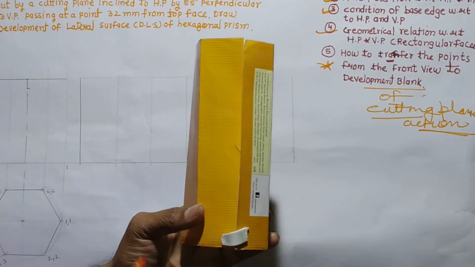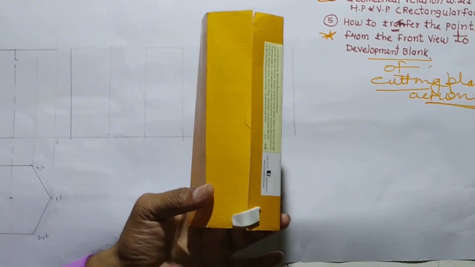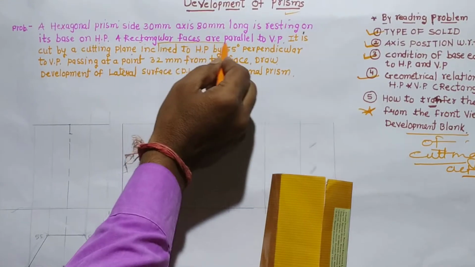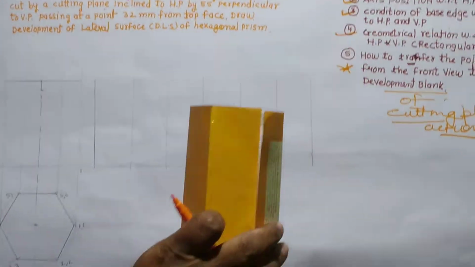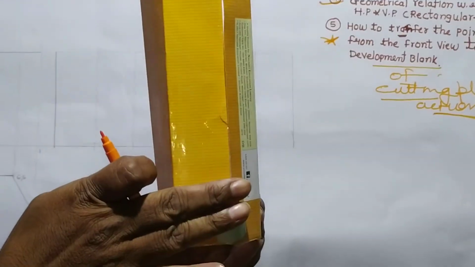Okay. Now first we have to see the top view. From the top view, the hexagon is seen. But the condition again they have given: the rectangular faces are parallel to VP. Now this is the rectangular face parallel to VP, and this is the rectangular face parallel to VP.